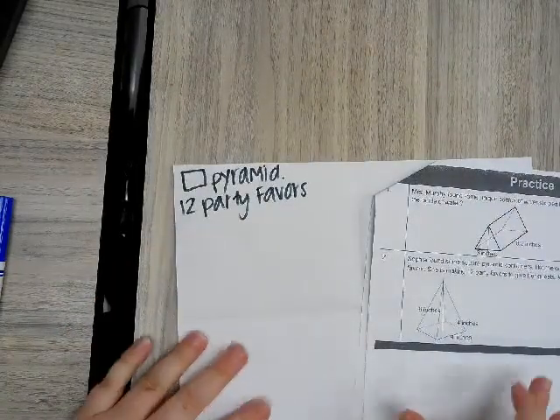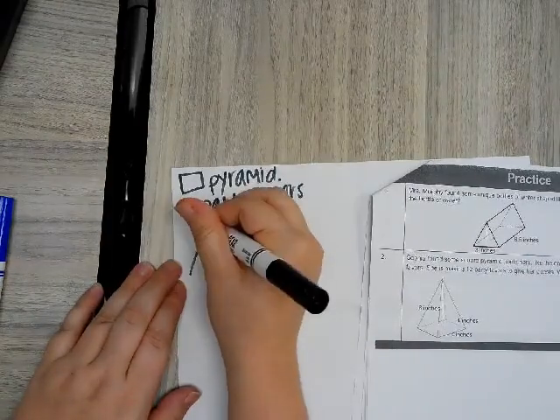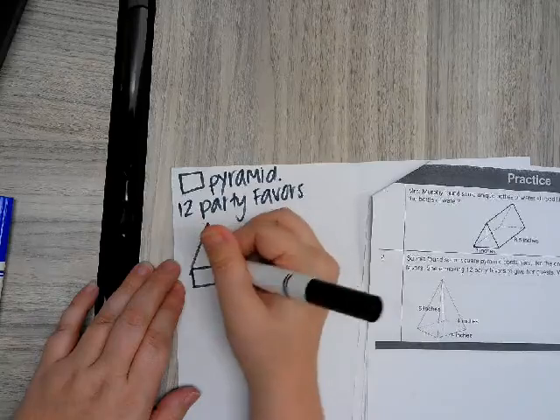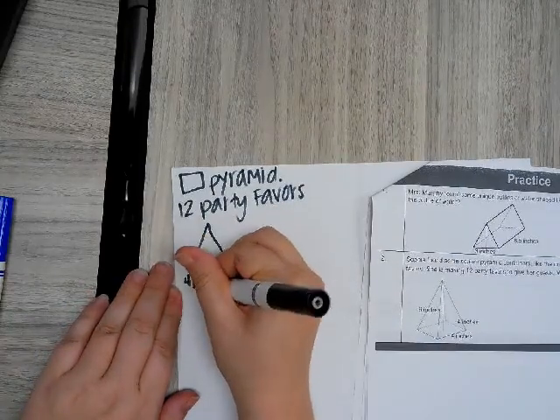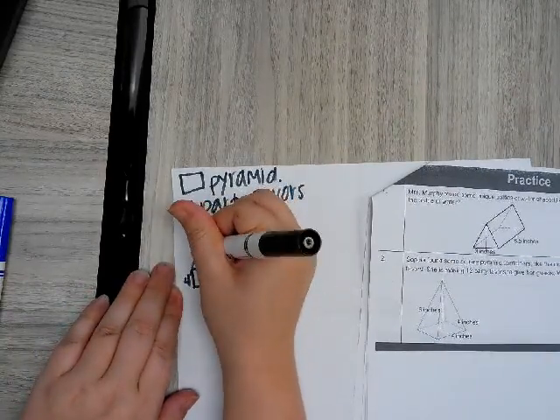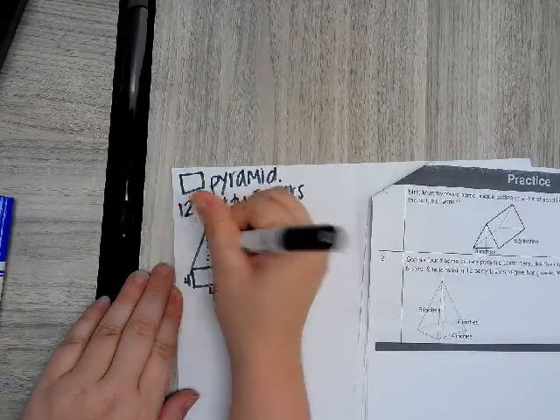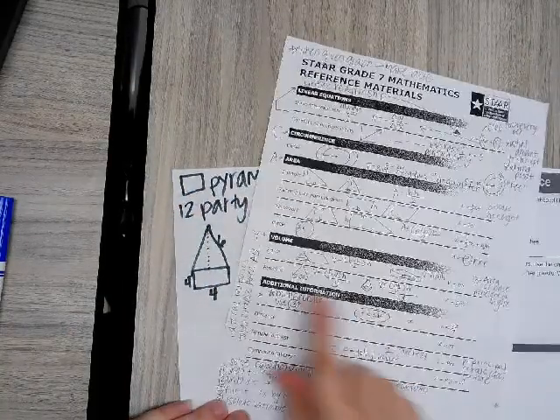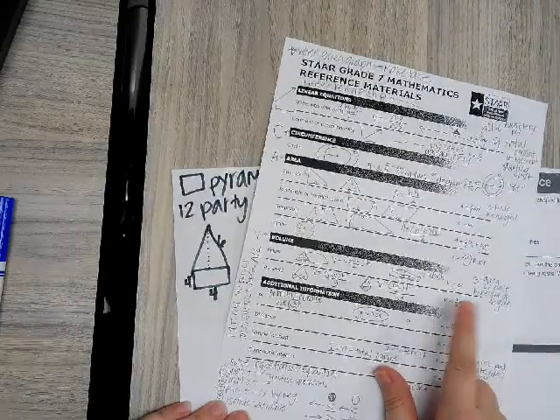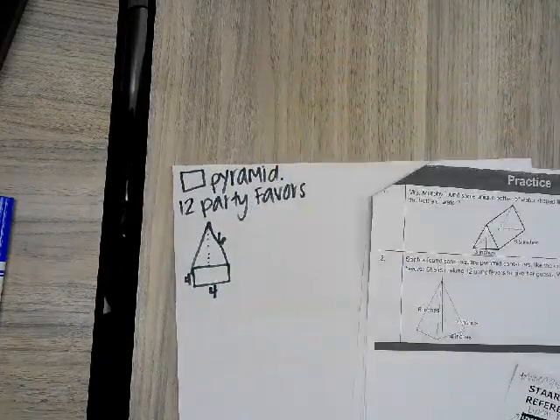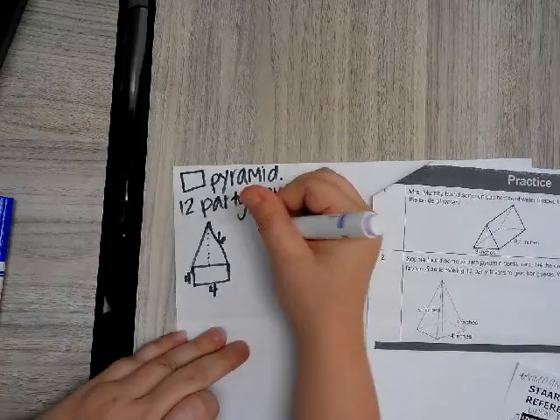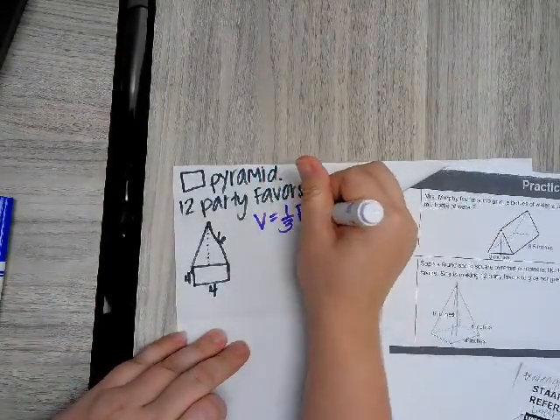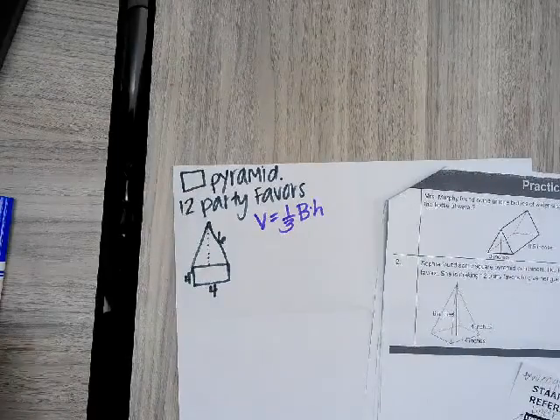Okay, so if I was to draw, we know that this is a square pyramid and that my height is 6. Okay, so if I look at my formula, pyramids are 1/3 big B times H. And we know my big B is my area of the base.